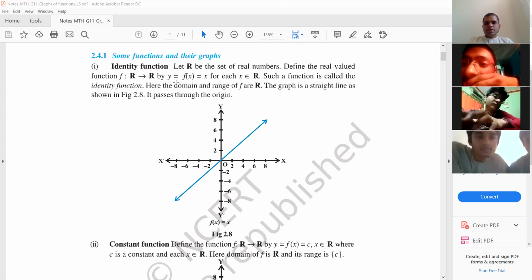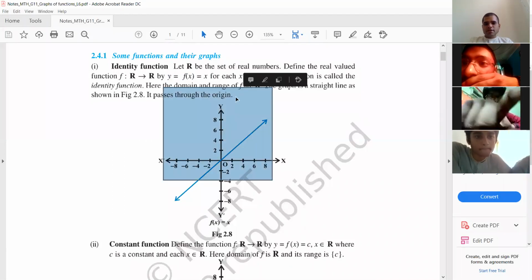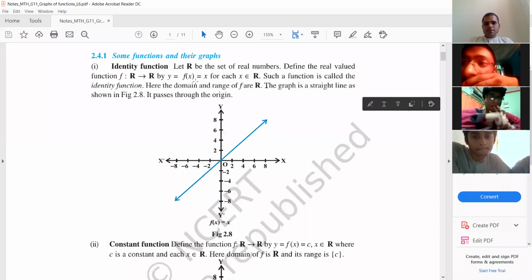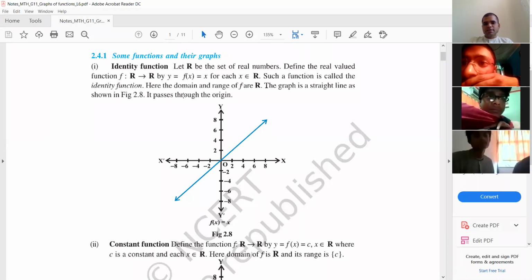Here you can see it is written y = f(x) = x. When we are talking about graphs of functions, we say f(x) = y. We consider that the y-axis is f(x).